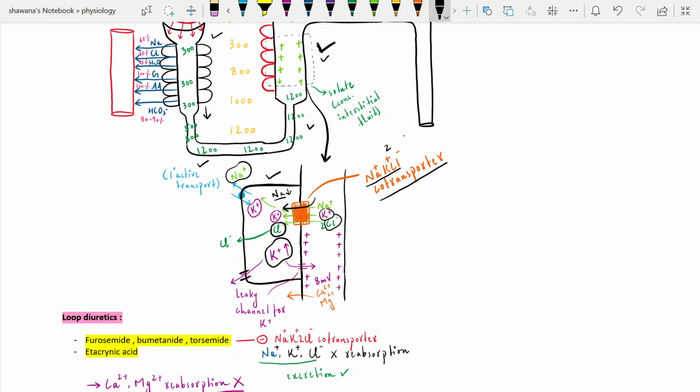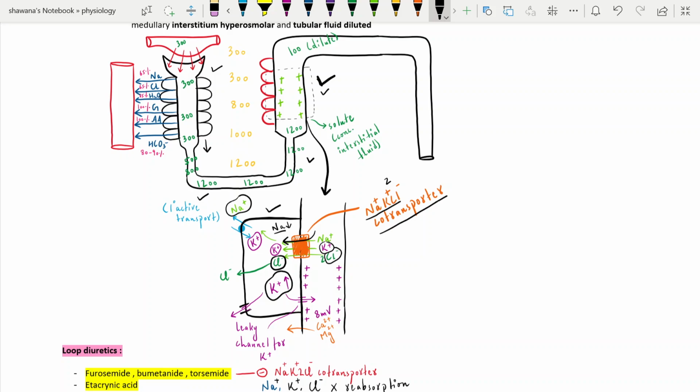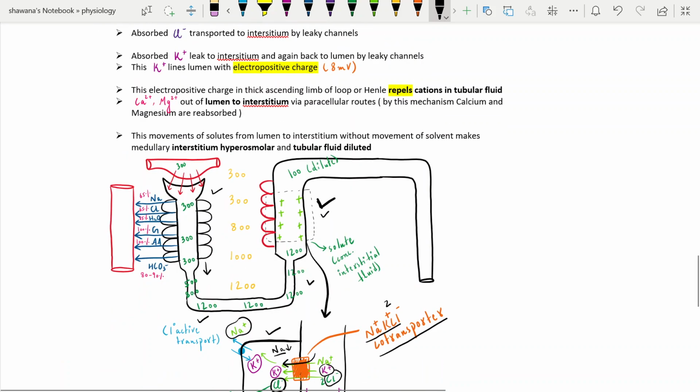And this is the point I wanted to mention, why I said that the medullary interstitium is hyperosmotic. We have discussed, right? The osmolarity from the cortex to the medulla starts to increase.